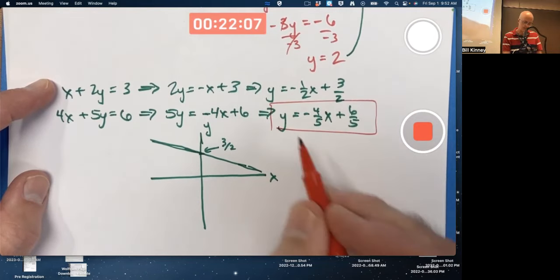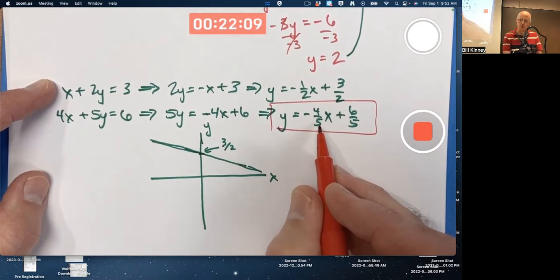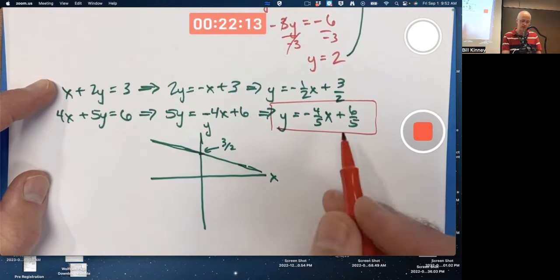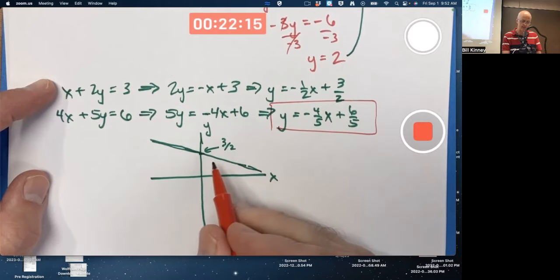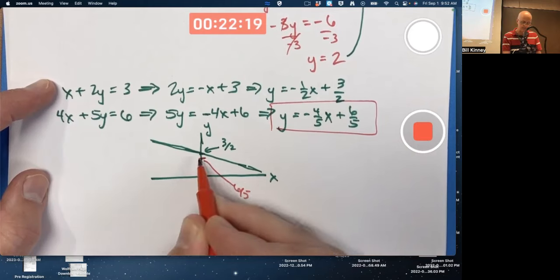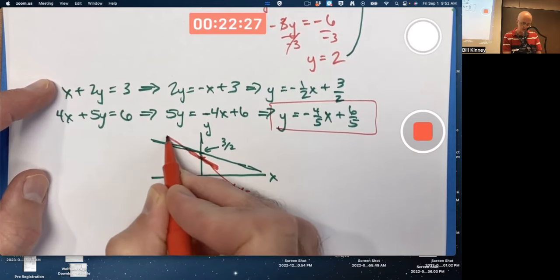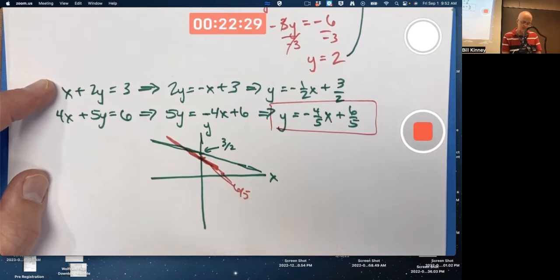This one, slope is -4/5, which is a little steeper negative slope than the first one. Y-intercept of 6/5, which is a little lower. This is 6/5 here. Going to be something like this. Okay, this is exaggerated. Say about like that.